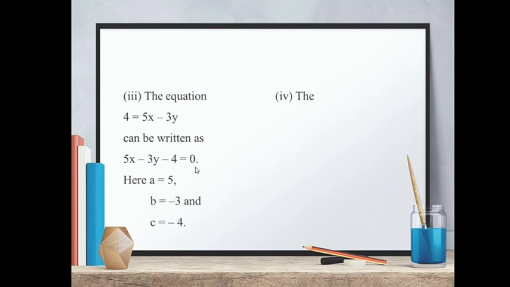Then next example, the equation given is 2x equals y. So this equation can be written as 2x minus y plus 0 equals 0. Now we have to write this equation in the form of a linear equation in two variables, and the standard form is ax plus by plus c equals 0. But here c is not given, so we will consider c as 0.